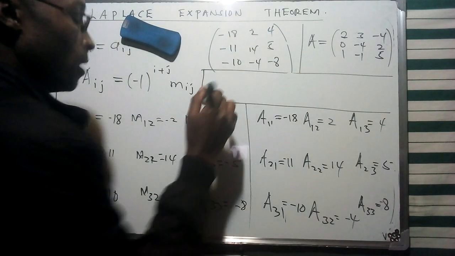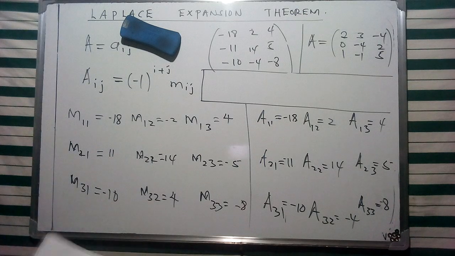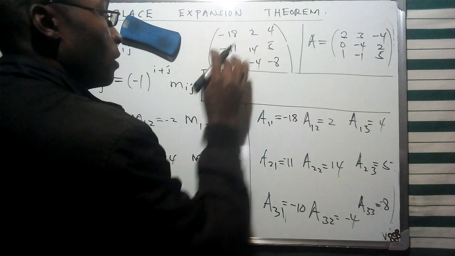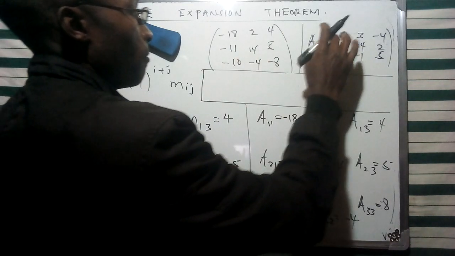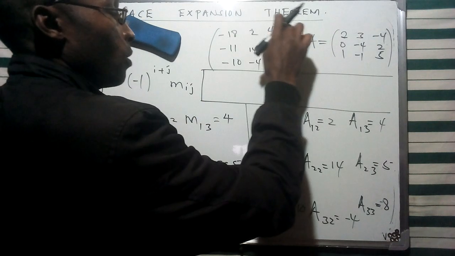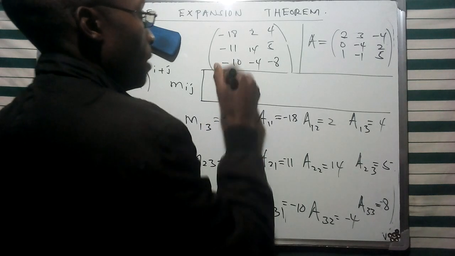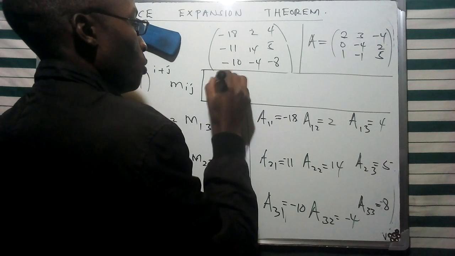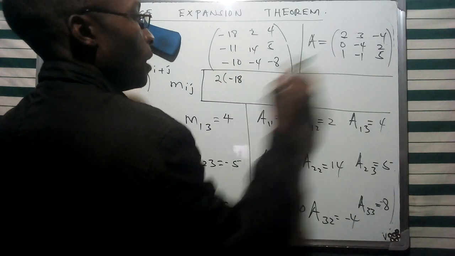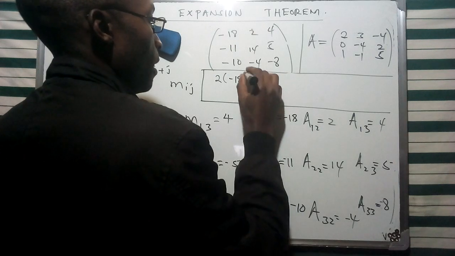So we're going to take the first one in terms of the determinants. We're going to take the first row of the cofactors and the first row of the matrix, which is of course 2 times negative 18. So 2 times 18, and then the sum.